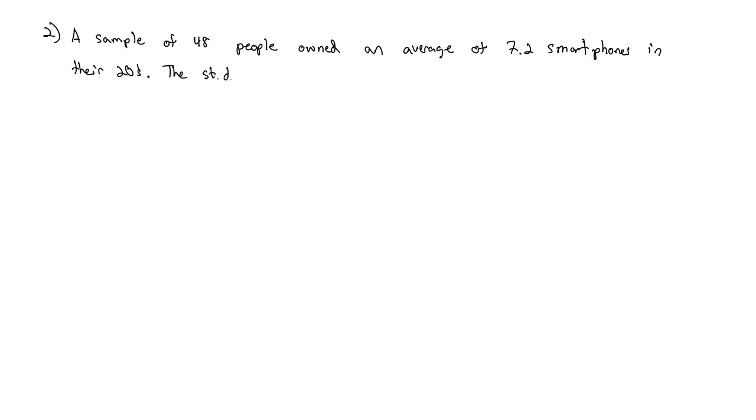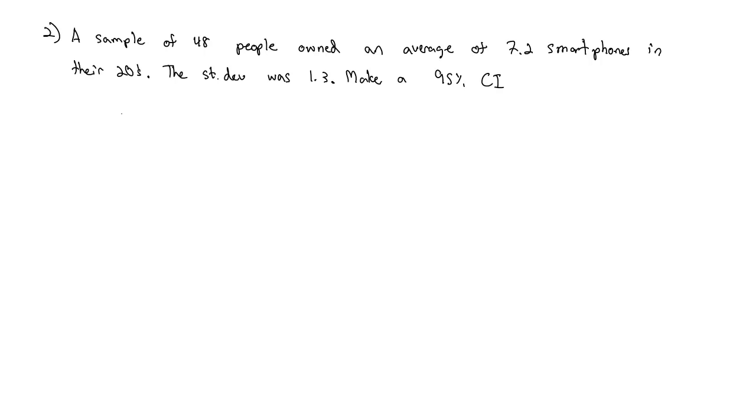The standard deviation of the sample was 1.3. We're going to make a 95% confidence interval, CI for confidence interval, for the number of cell phones, smartphones that people in their 20s have owned.